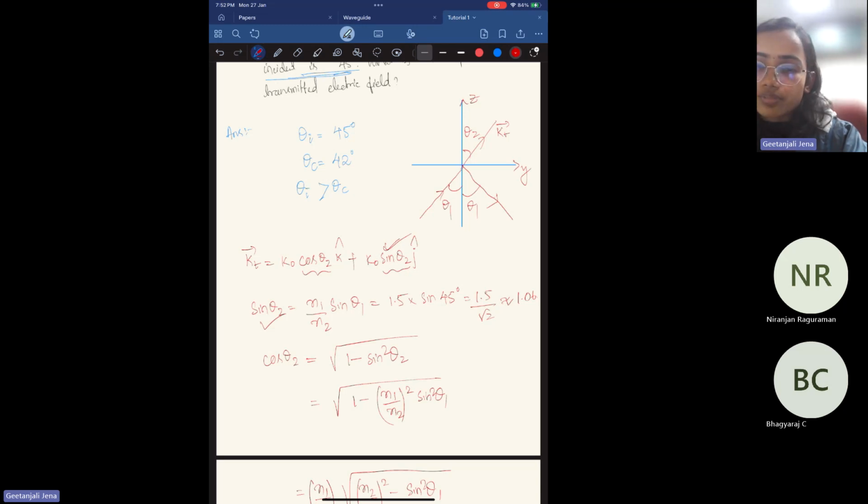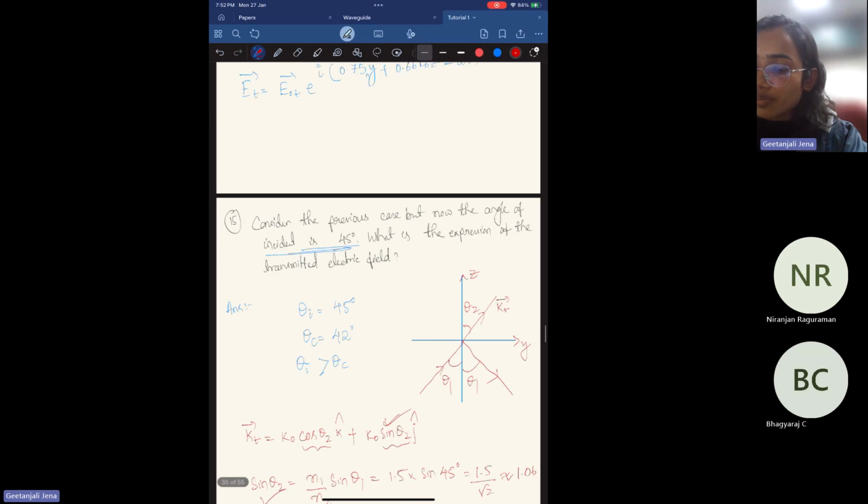But whenever the wave travels from denser medium to rarer medium, it's better to see whether total internal reflection is happening or not. If there is a total internal reflection, then there will be evanescent wave, and if not, then there won't be any evanescent wave. Okay, so this is our last problem.